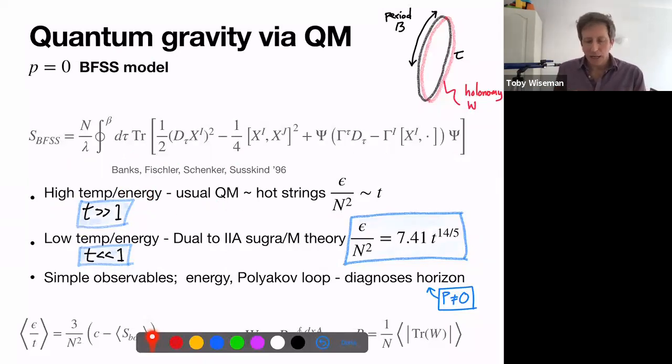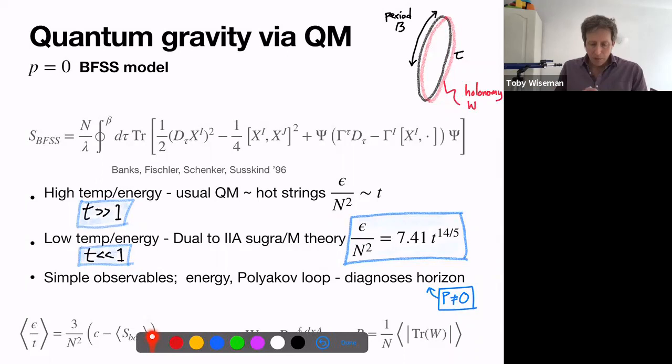The energy, not an energy density but just an energy in the quantum mechanical case, is going to go like the number of degrees of freedom squared times temperature, just on counting degrees of freedom and dimensional grounds. But at low temperature, in this regime, we expect the supergravity prediction to hold, where this becomes strongly coupled, and we expect this specific behavior, with corrections in higher powers of T.